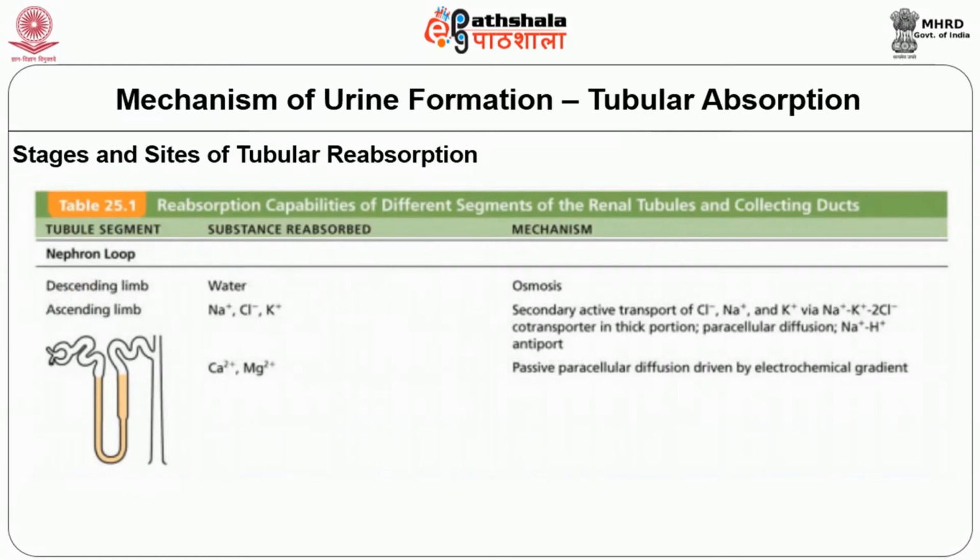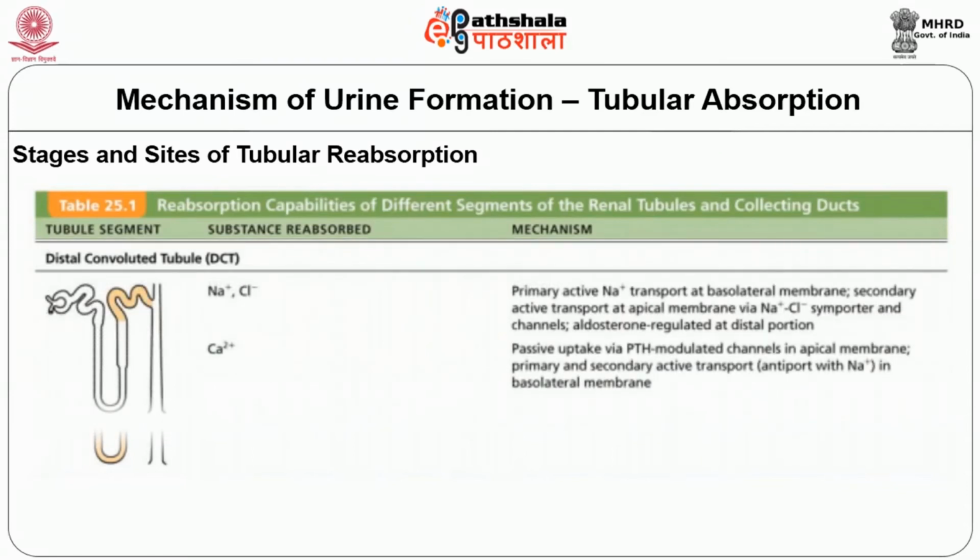In the nephron loop, that is in the descending and ascending limbs, the reabsorption of water, sodium, chloride and potassium, calcium and magnesium ions takes place through osmosis, secondary active transport of the ions, and passive paracellular diffusion driven by electrochemical gradient.